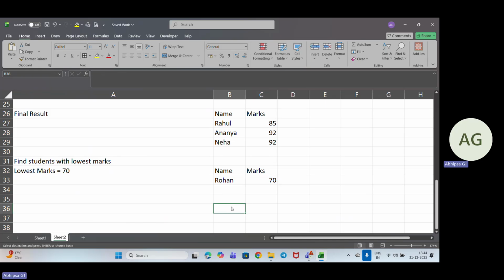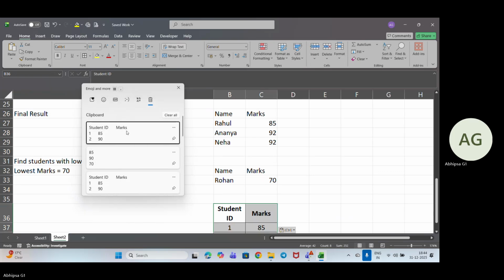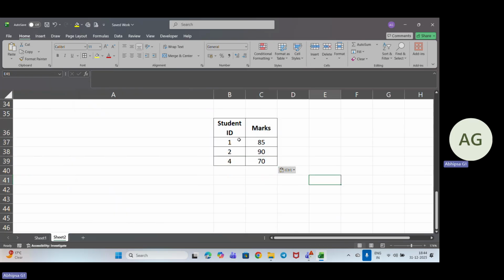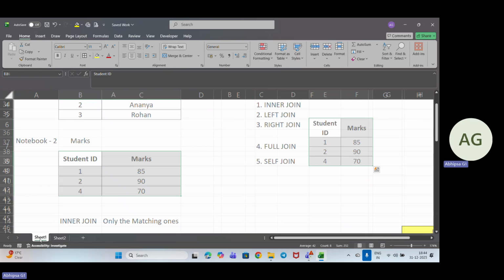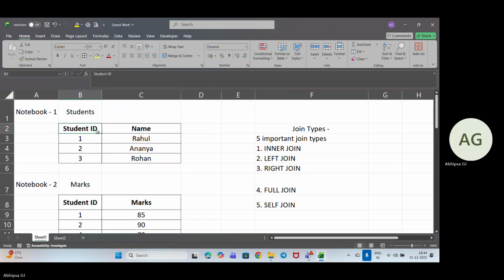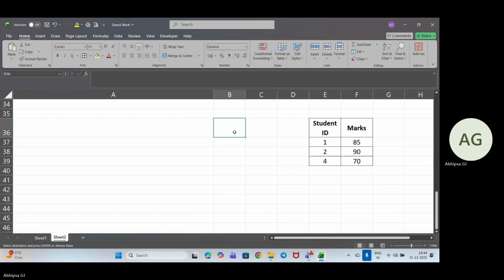Let's take these tables. So we have got the marks. Okay, so we have these two tables.